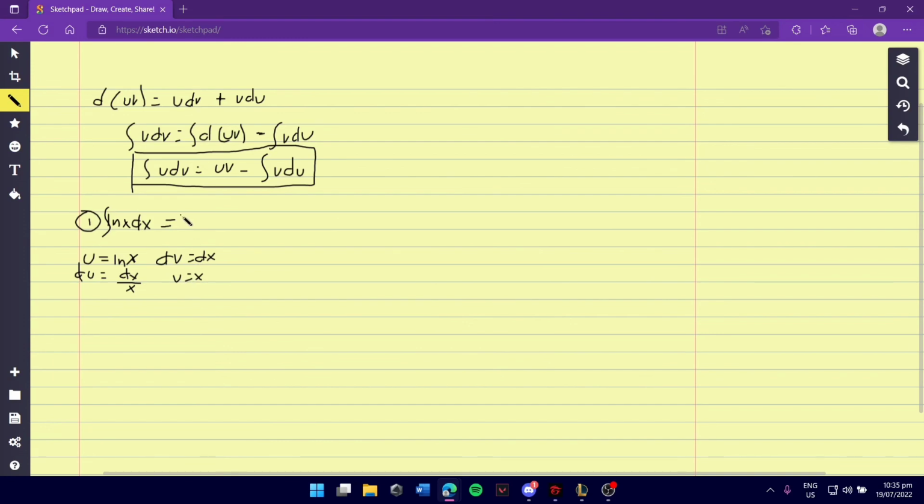So we will first use it in our formula. This will become uv minus the integral of v du. Next, we will substitute it into our formula.